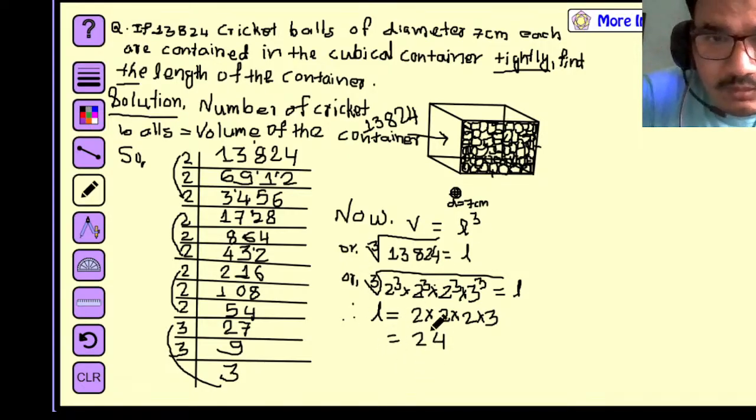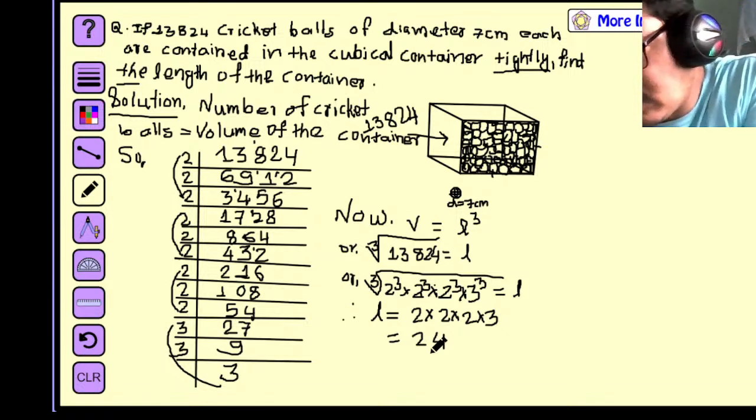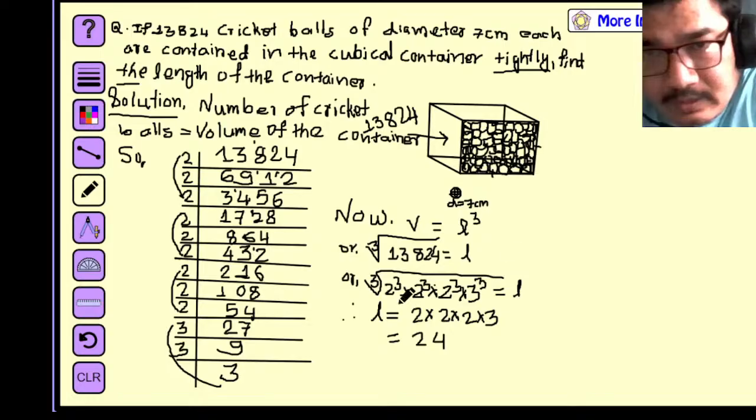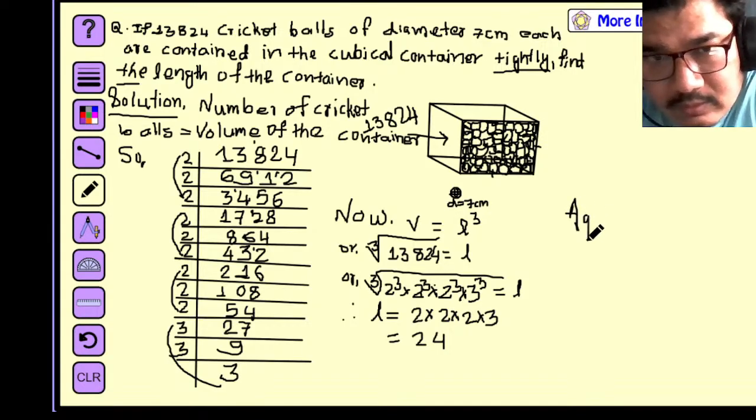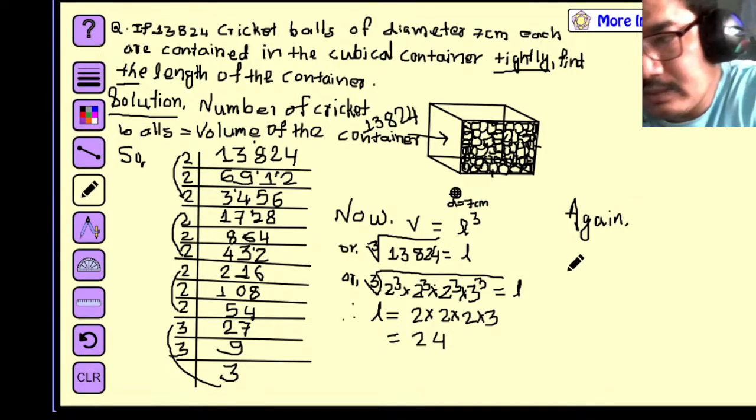This is 24 now, volume equals L cube, then we found L equals 24 when you find the cube root of this totally packed, tightly packed cubical container.